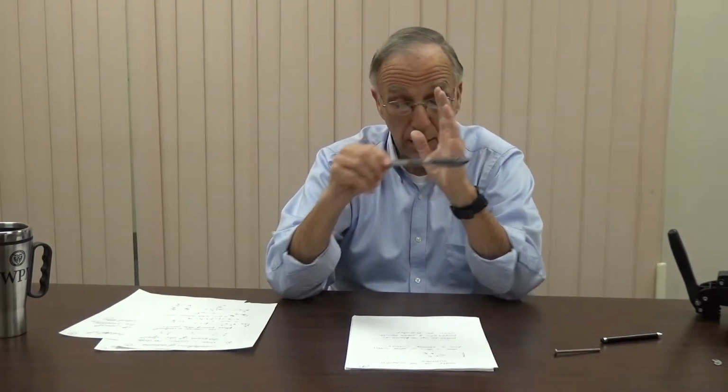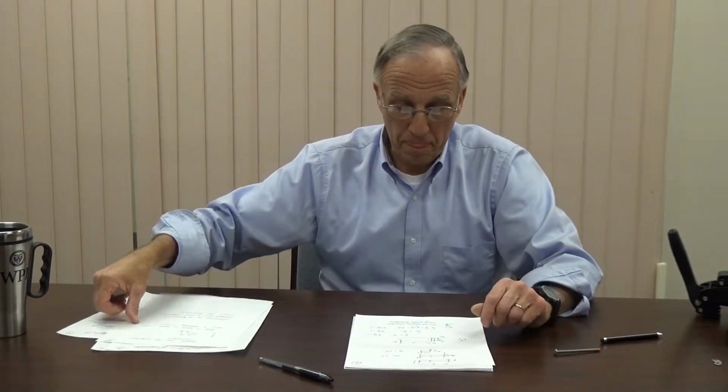Materials may fail either due to exceeding the maximum normal stress or exceeding the maximum shear stress. So even though we think of this as uniaxial, we can have shear stresses on any plane except the plane that's perpendicular to the axis. So that really takes care of uniaxial loading.